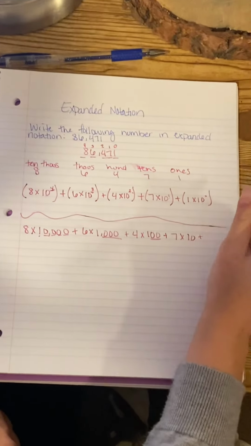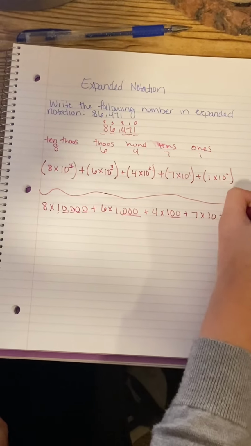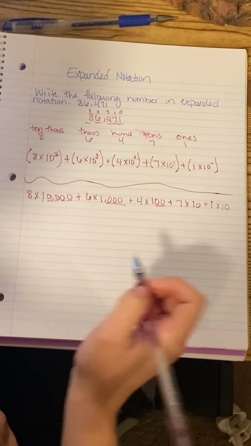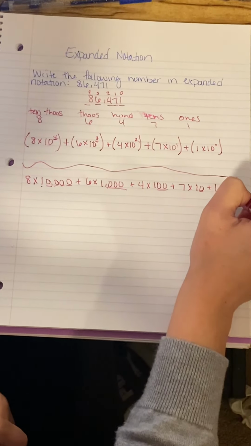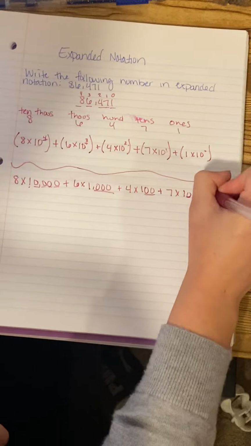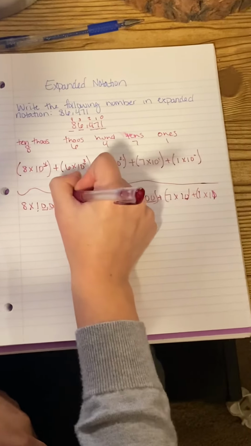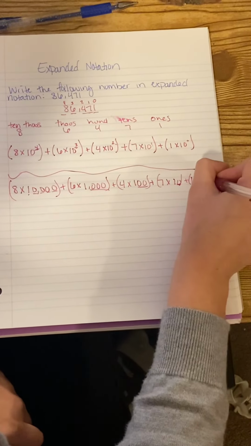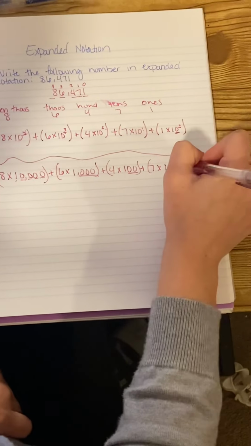And our 1 has 0 zeros, so it's just 1 times 1. So that's how you can also do it. So it's not a 0, it's a 1, because there were no zeros right there.